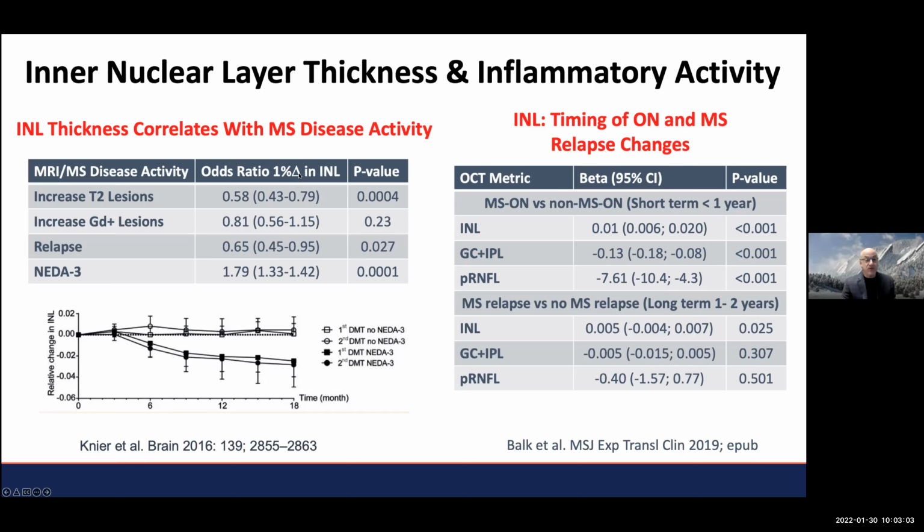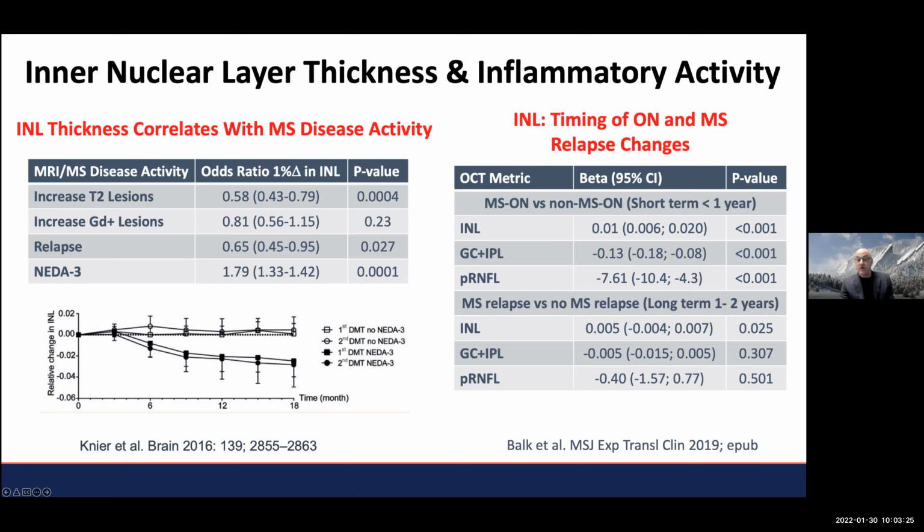And these odds ratios were dependent on just a 1% change in the inner nuclear layer thickness. And as you can see in the graph below, inner nuclear layer thickness correlated particularly with increased thickness in those patients not meeting NEDA-3 criteria.